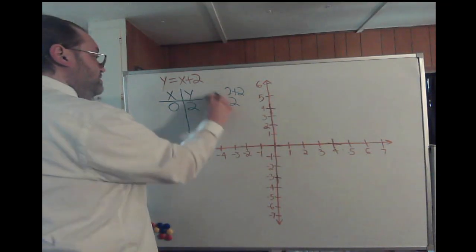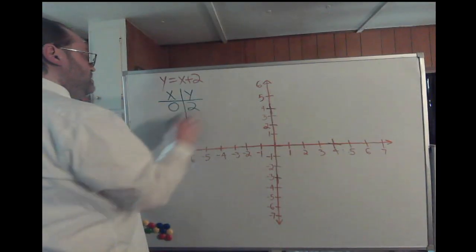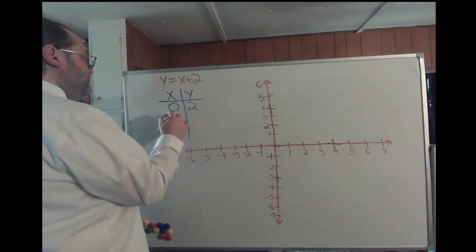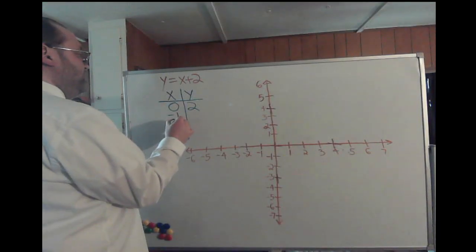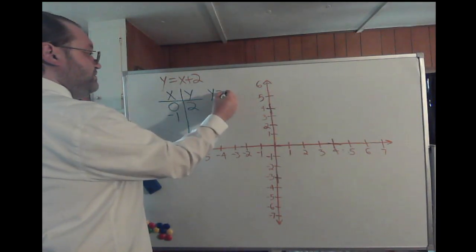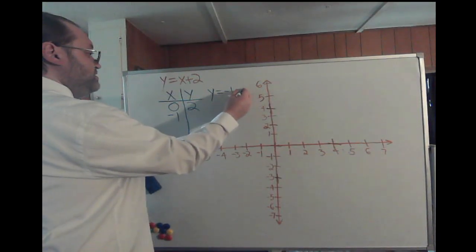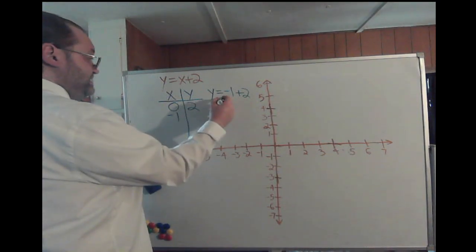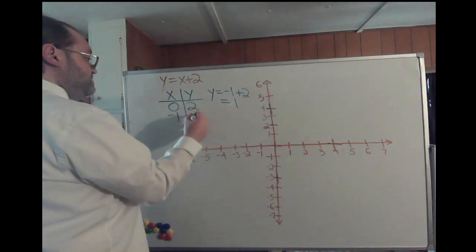Alright. Let's pick x equals -1. So then you'll do y equals, we'll substitute -1 in for x, -1 plus 2. -1 plus 2 is in fact +1.